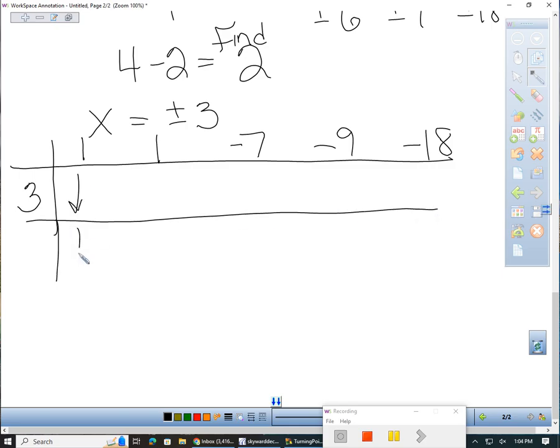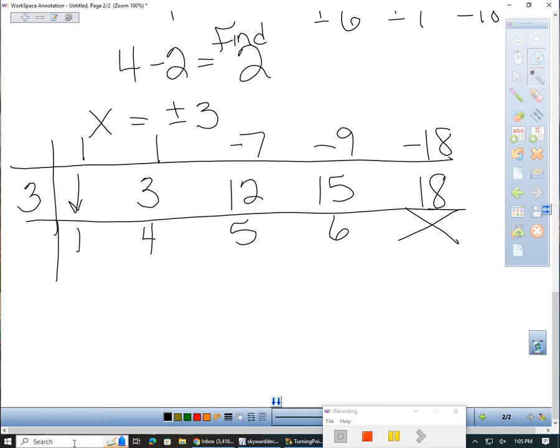Bring down my 1. 3 times 1 is 3. Add them together, I get 4. 3 times 4 is 12. Add it together, I get 5. 3 times 5 is 15. Add it together, I get 6. 3 times 6 is 18, and there's no remainder.